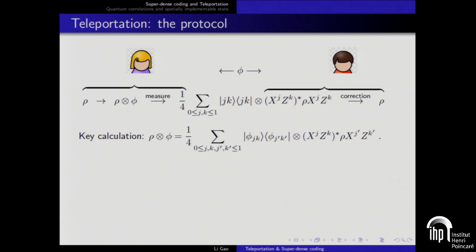If you believe this calculation, a measurement in the maximally entangled basis will now give this diagonal operator, and this part of the information is diagonal, so it can be sent through a classical channel of 2 bits. After Bob receives that, Bob will have this entire expression, and now he can correct his part of the quantum state accordingly to the classical signal he received from Alice.